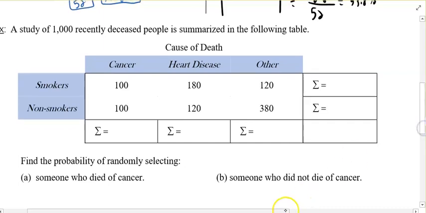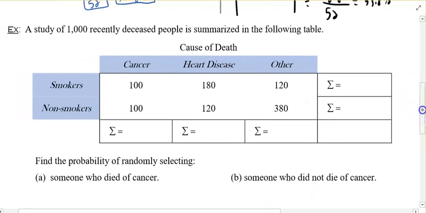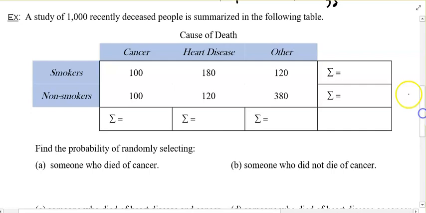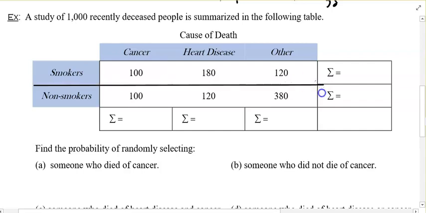And here's our second example. A study of 1,000 recently deceased people is summarized in the table below. Here we go. I'm going to do this both ways using the formula and visually.